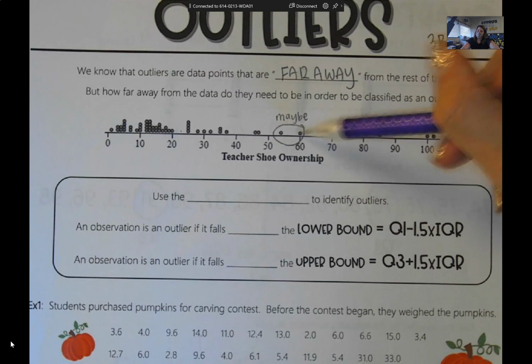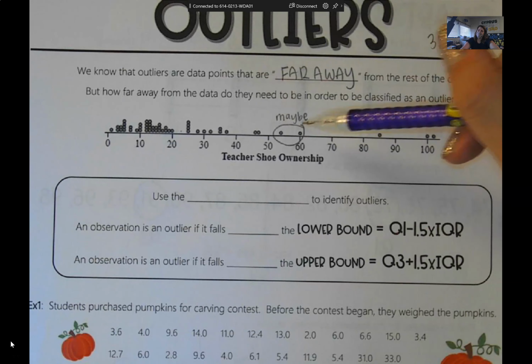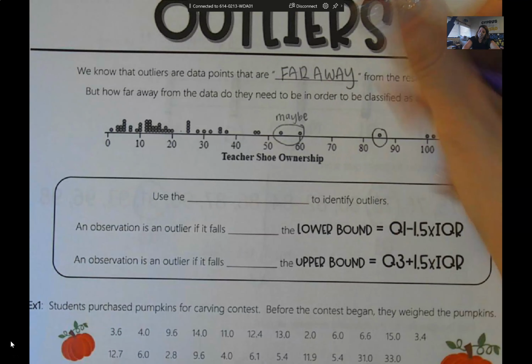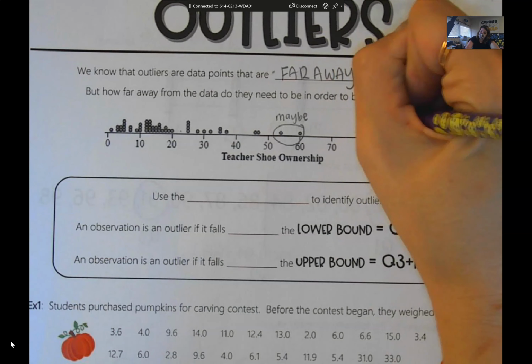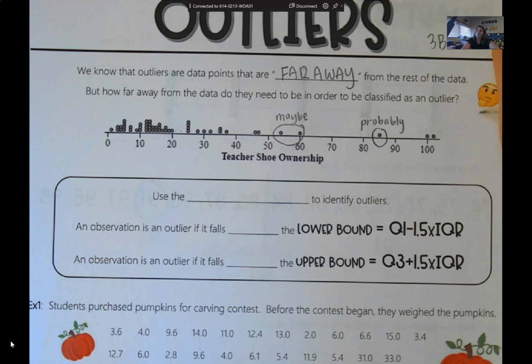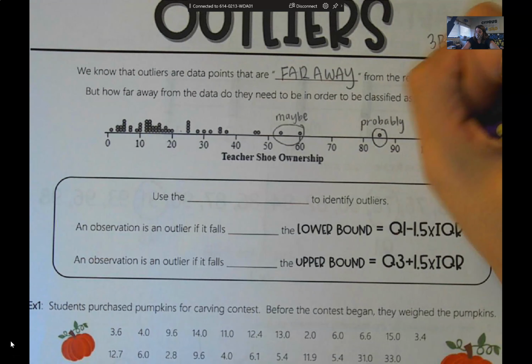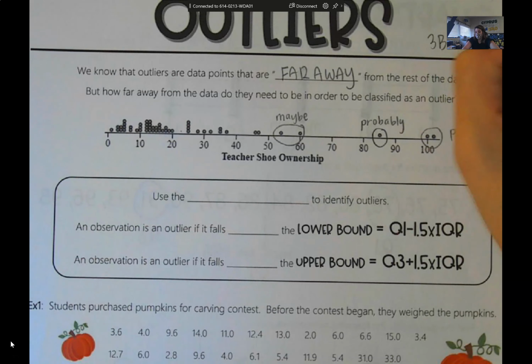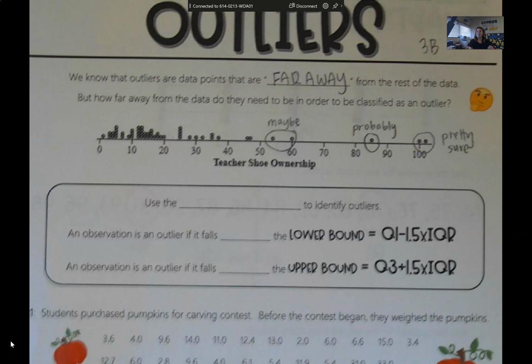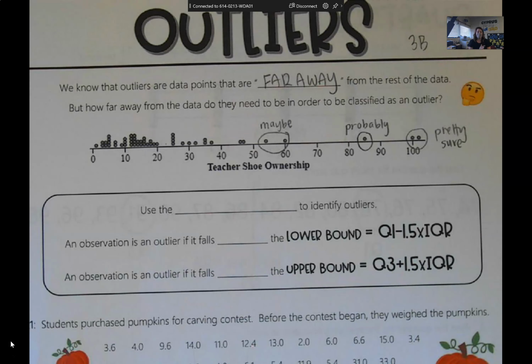But this is the point at which I start thinking, yeah, that might be an outlier. I think this guy is probably an outlier. And I'm pretty sure these last two at 100 and 102 are outliers. When I say outliers, I mean mathematically determined to be outliers.